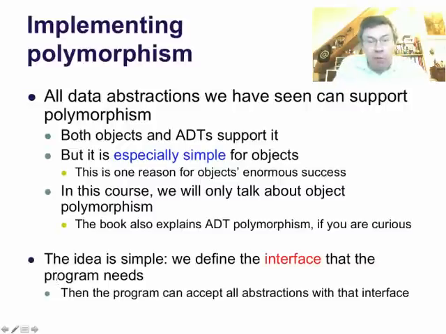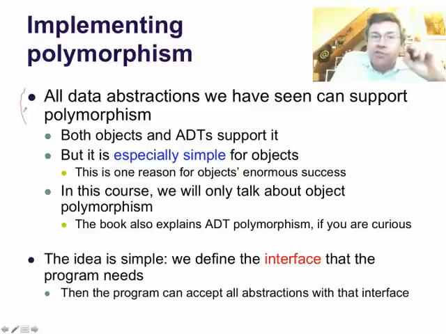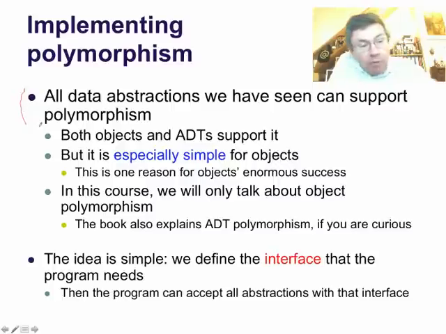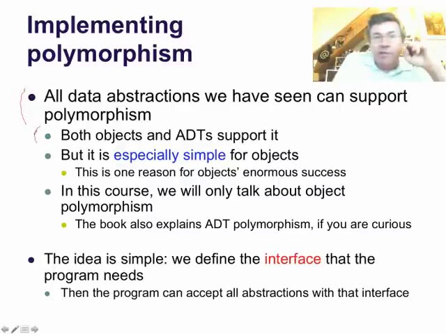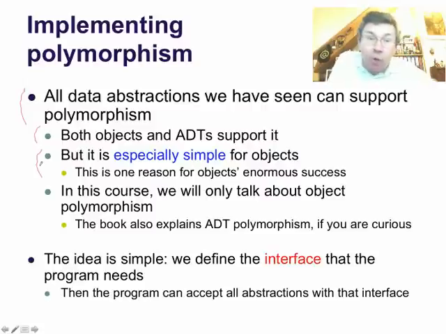So how does that work in programming languages? Well, in fact, all data abstractions we have seen can support polymorphism, both objects and abstract data types. But in fact, it's especially simple for objects. And that's one of the reasons why objects have been so successful. So in this course, I'm only going to talk about object polymorphism.